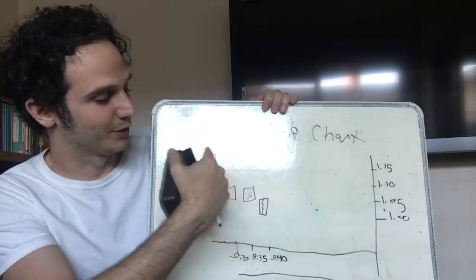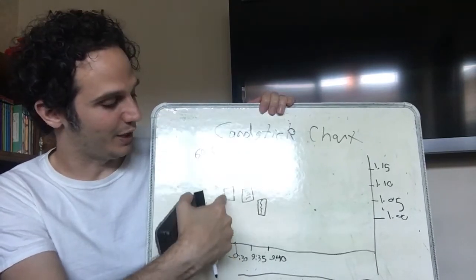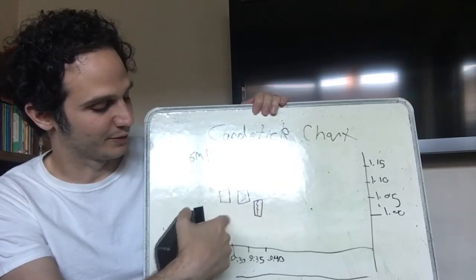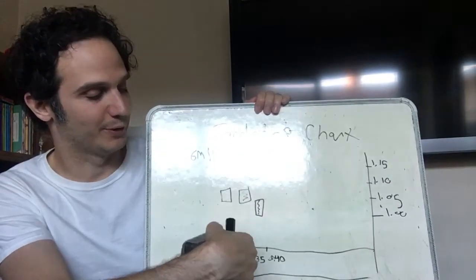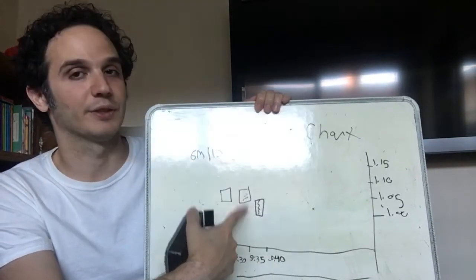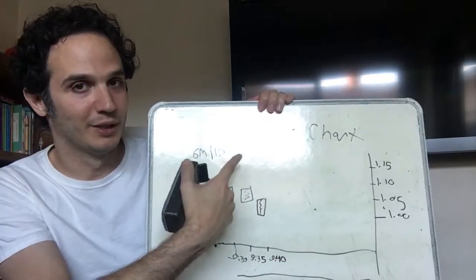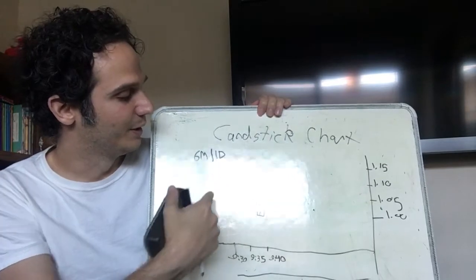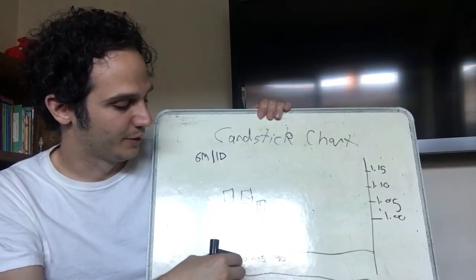If you were looking at the 5-minute chart, each candle represents 5 minutes. When 5 minutes passes, a candle will form. Another 5 minutes, another candle. So now, if you're looking at the 6-month, 1 day chart, each candle now will represent a whole day.